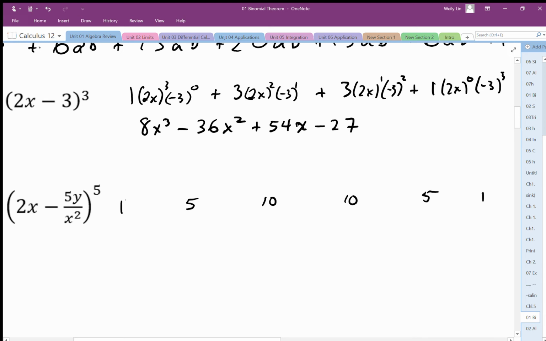Okay, so this is going to end up being 2x to the power 5 plus, okay, that's going to be power 0, so I'm just going to leave that out.